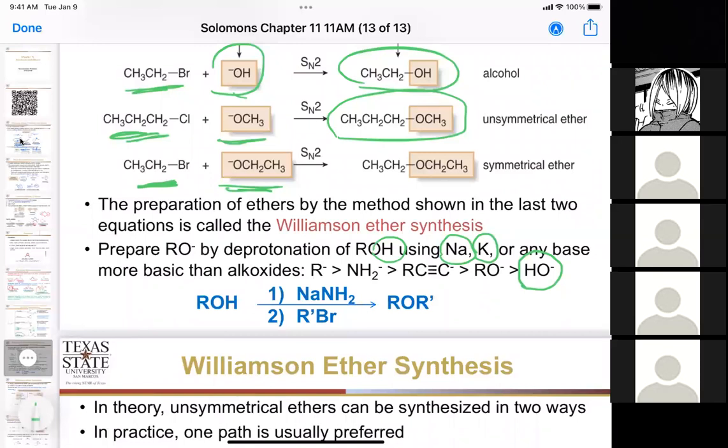You cannot make it with hydroxide, but you can make it with anything higher, like the acetylide ion, the amide, or alkyl or vinyl bases. So a good way to do that is to take your material and add sodium amide to it. It's just going to create that alkoxide, but you have to make sure you add the amide first and let it completely finish reacting. And then you add your alkyl halide and generate your ether.